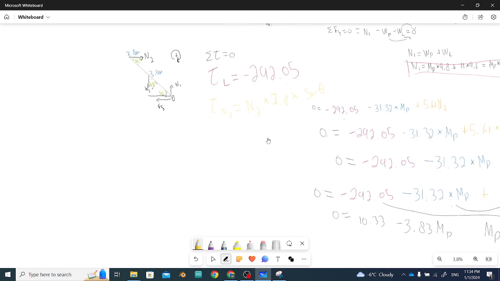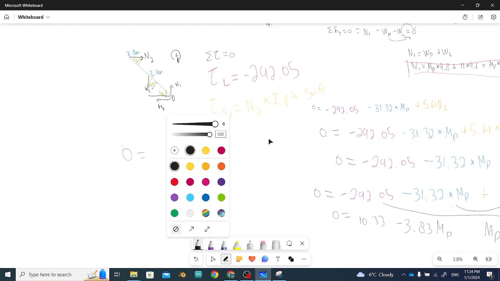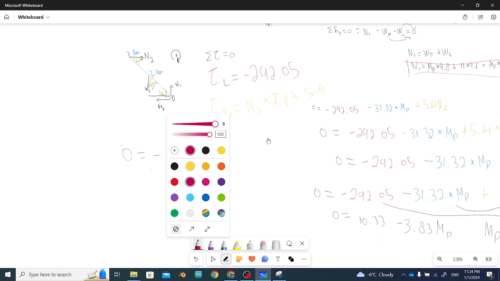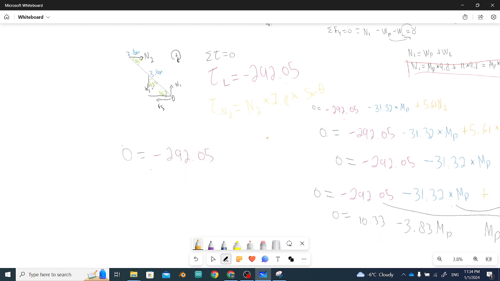Now let me put it into the sum of torques formula. So 0 is equal to negative 292.05 plus the torque due to N2, which is plus N2 times 7.8 times sine of theta.